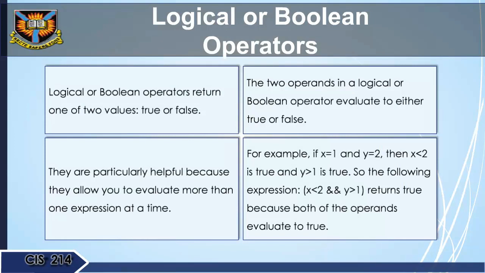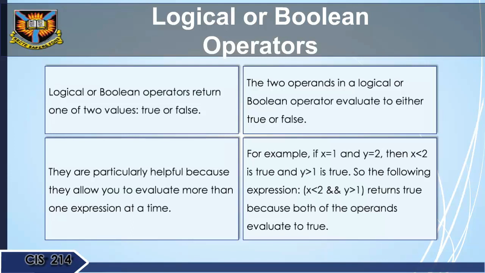Logical or Boolean operators. Logical or Boolean operators return one of two values, true or false. They are particularly helpful because they allow you to evaluate more than one expression at a time. The two operands in the logical or Boolean operator evaluate to either true or false.